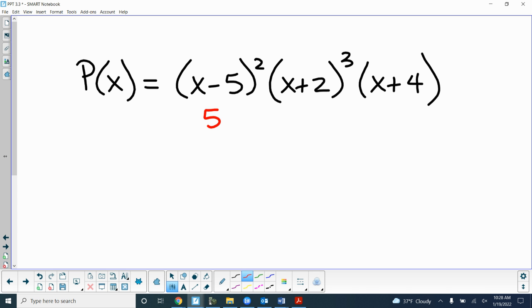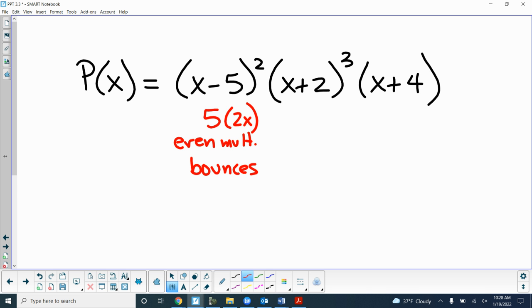Since the exponent's 2, it has even multiplicity. So if you put a little 2x next to it, that tells me it worked twice. If I was looking at a graph of that, it's bouncing off at that 5.